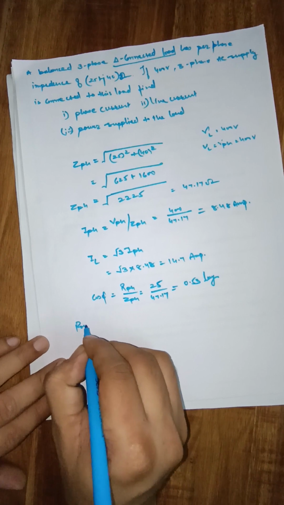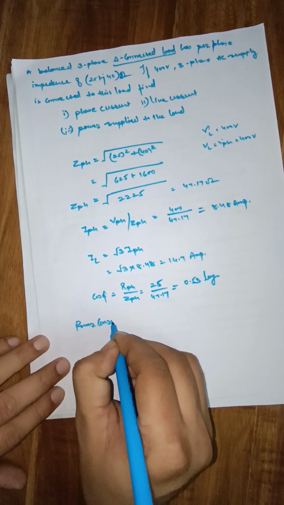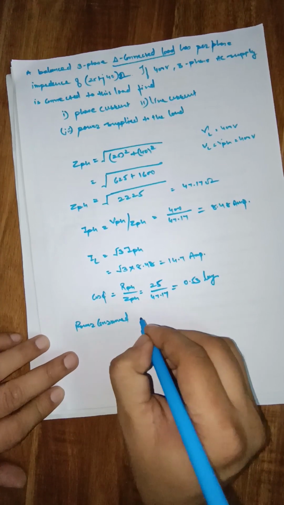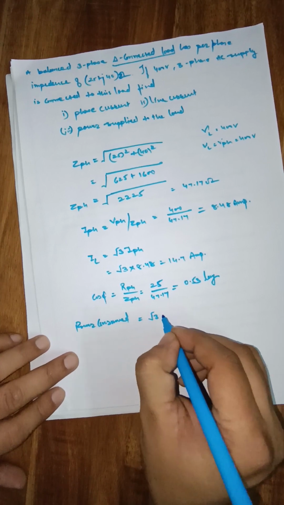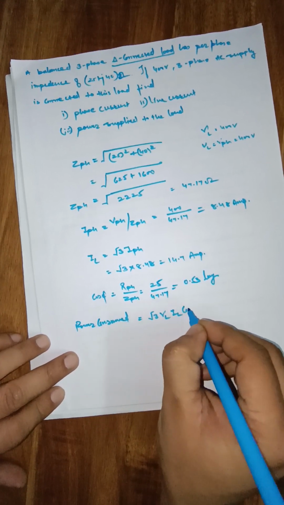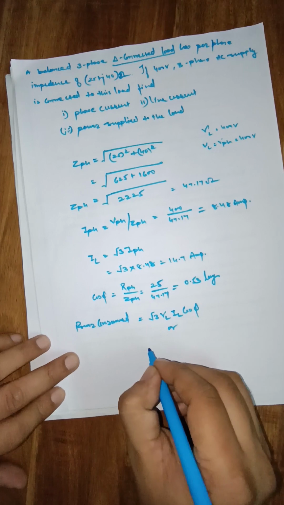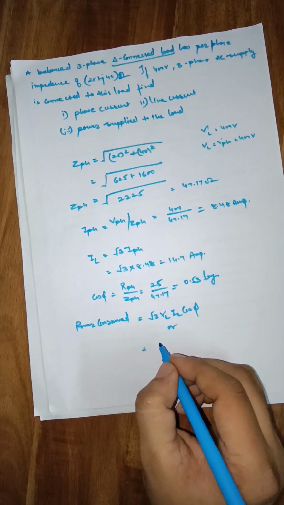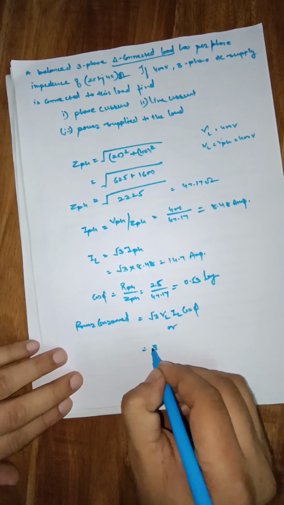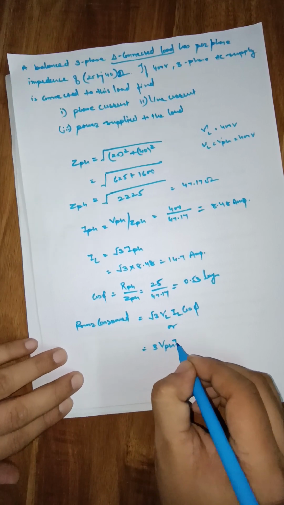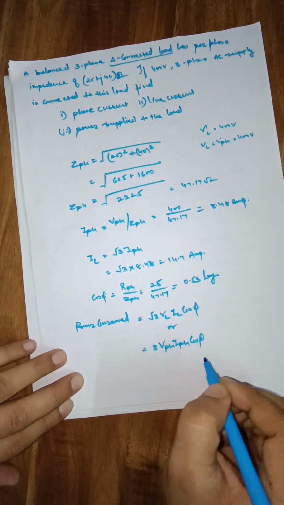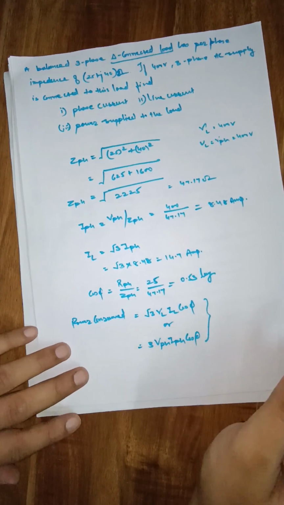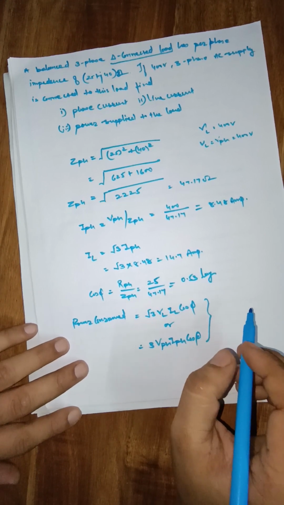Now power consumed, you can find root 3 VL IL cos phi, or you can find 3 VPH IPH cos phi. Whatever you want, you can find by using these two formula.